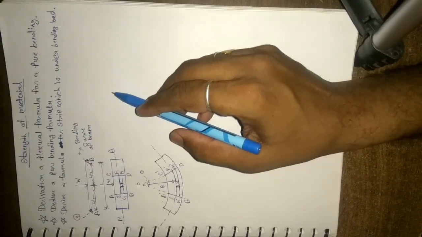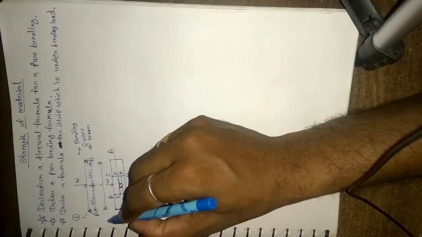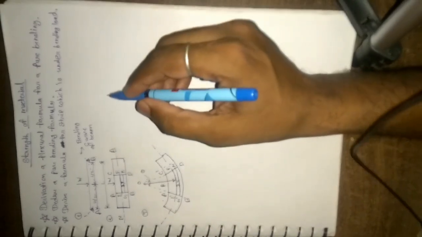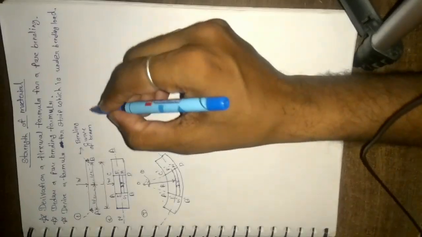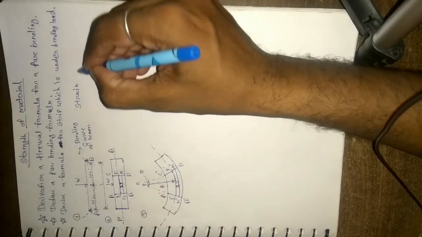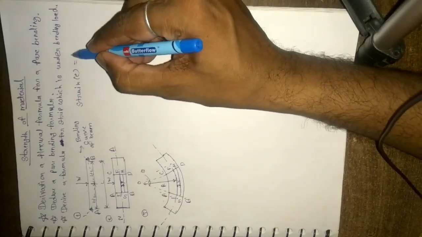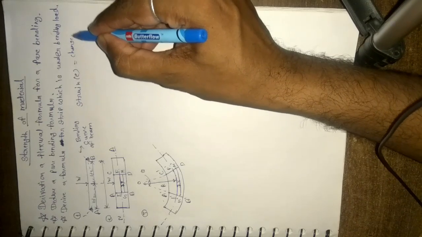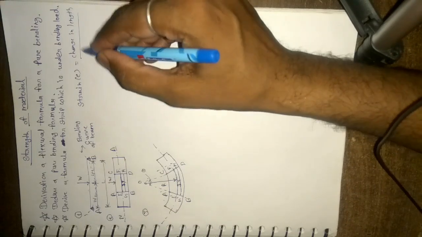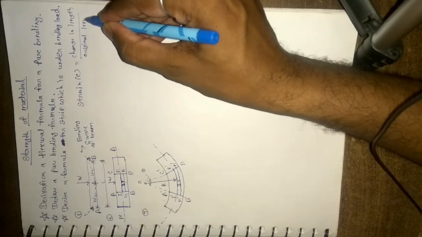Now come to the derivation part of these equations. So this is figure number 2, this is figure number 3. So the strain, that is e, is equal to the change in length upon original length.